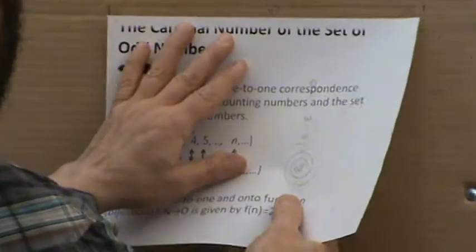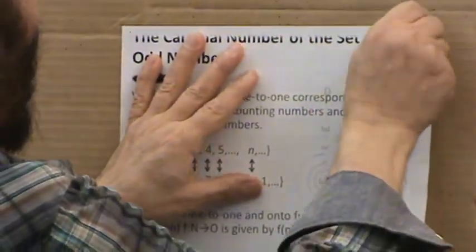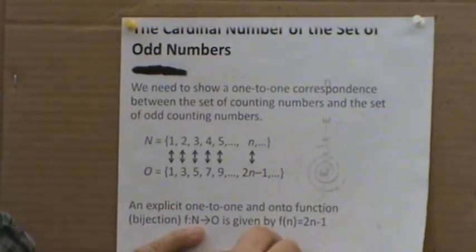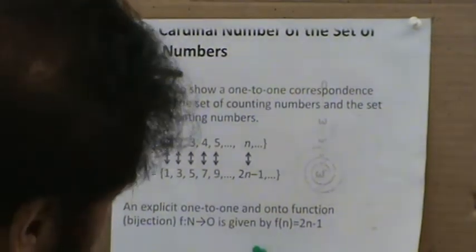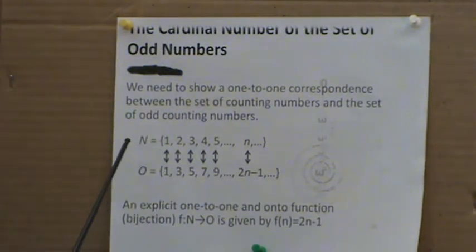Okay, next one is counterintuitive and peculiar, absurd in a sense: there is a one-to-one correspondence between the set of natural numbers, the set of all positive integers, and the set of odd integers.